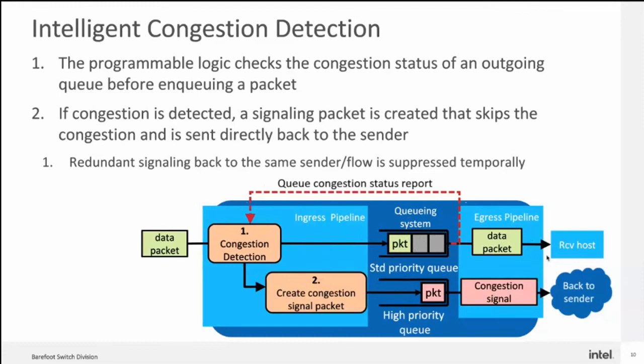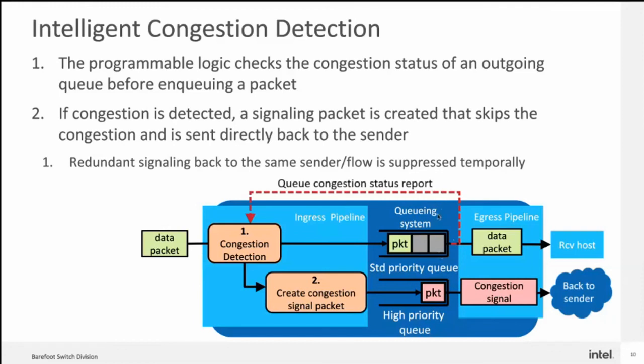Does that make sense? Is this the one where Tofino 1 can get the QDepth in the egress part? The difference is that there's a specific new hardware block in Tofino 2.